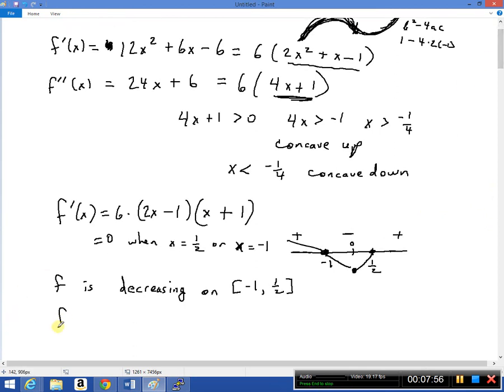That says f is increasing when x is greater than 1/2 or x is less than -1. And that is it.